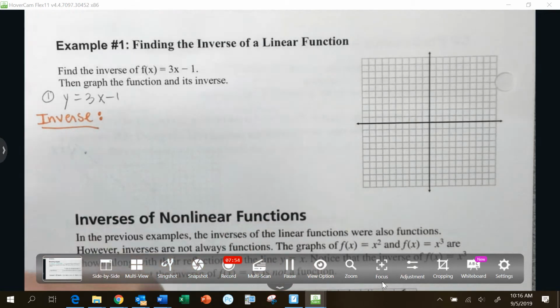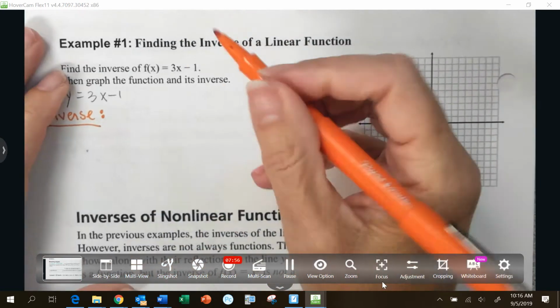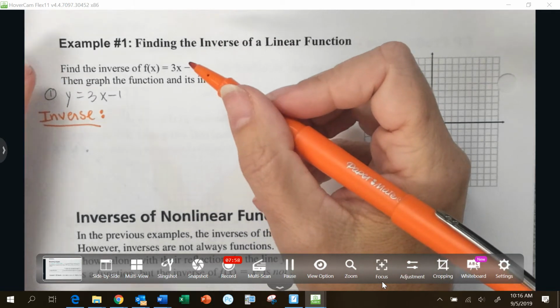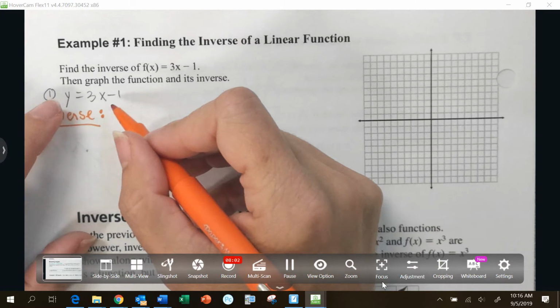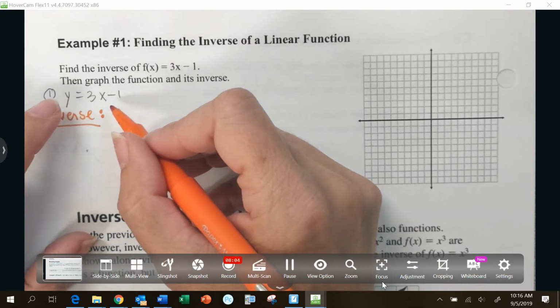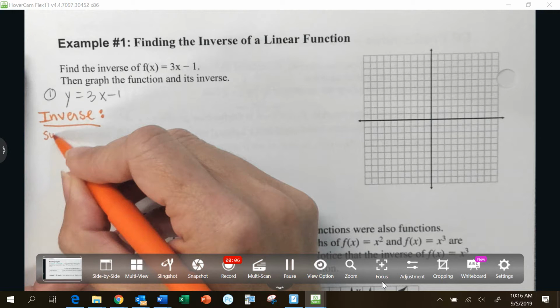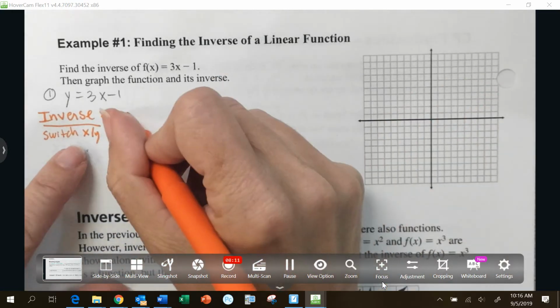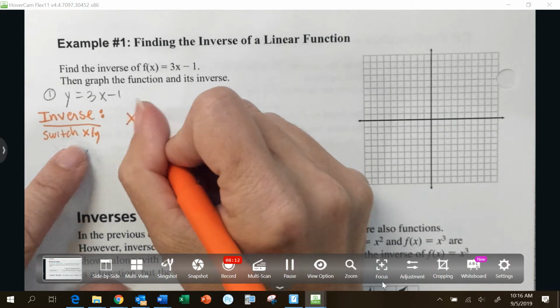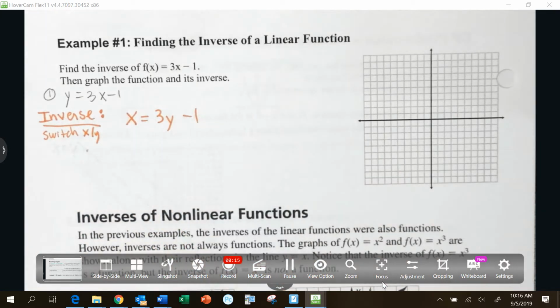Are you guys ready for this? Okay. If I switch x and y, I have the inverse. So here we go. Done. I did it. I have the inverse equation.